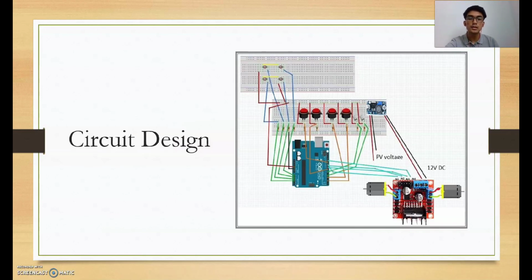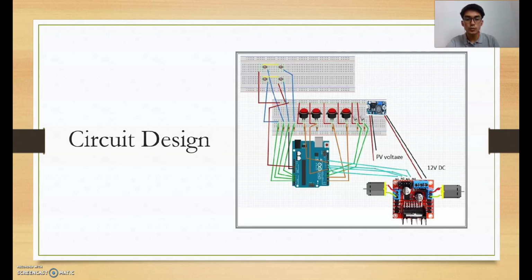Next is the circuit design. This is the circuit design I used, and these are all the components that I use. Mostly they are medium cost and not very expensive components.